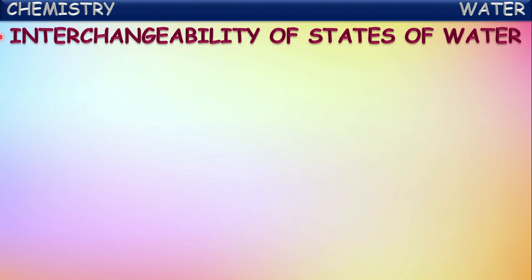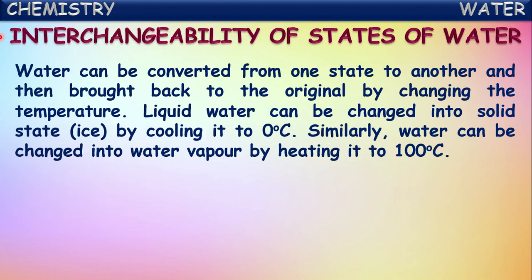At higher temperatures, water exists in the gaseous state, which we call water vapor. But these three states of water are interchangeable. One state of water can be converted into another state and the process can be reversed by changing temperature. That we say is interchangeability of states of water.